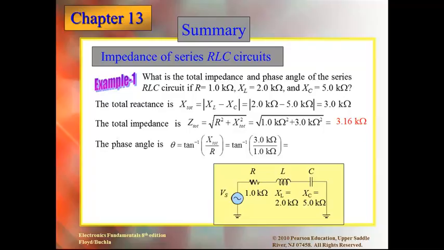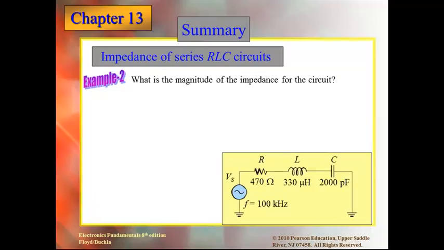We can always figure phase angle, which again, pretty poor here with 71.6 degrees and 3,000 ohms of reactance. If we could add more, in this case, more X sub L to get that closer to the 5,000, our phase angle would improve greatly. So magnitude of the impedance for this circuit.